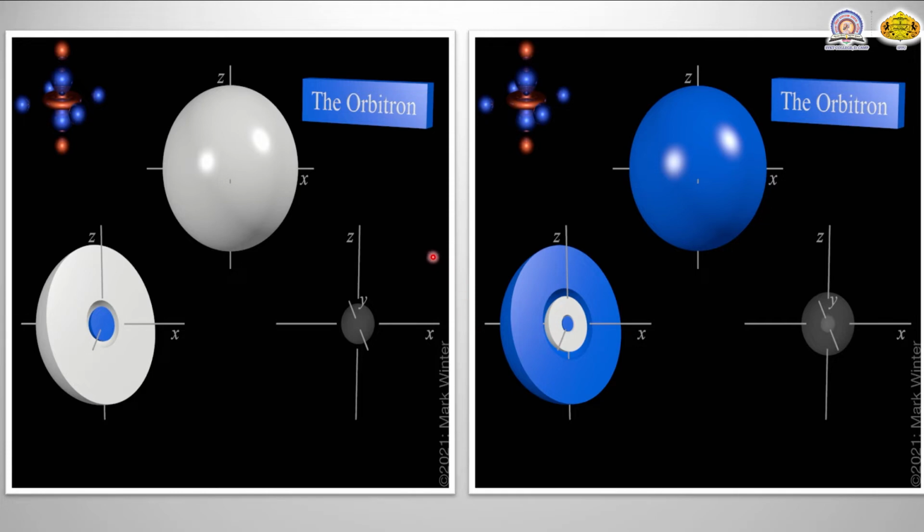Then l represents the shape of the orbital, which is 0 for an s orbital, and then minus 1. So 2 minus 0 minus 1 is equal to 1. So for the 2s orbital, the number of nodes is 1. That inner gap between the 1s orbital and 2s orbital is the node for that orbital.